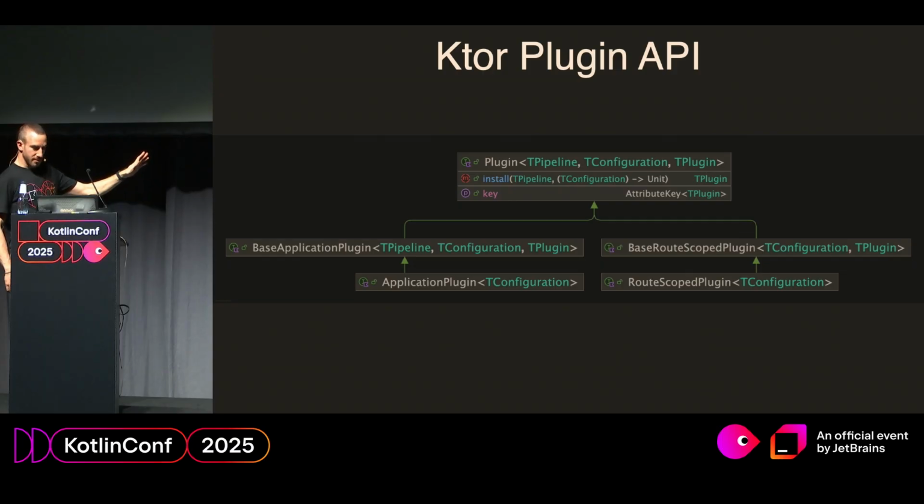The difference between the two is the type of pipeline that they're dealing with. So what we are really concerned with is just a configuration, which is anything. Any class can be a configuration. Okay.